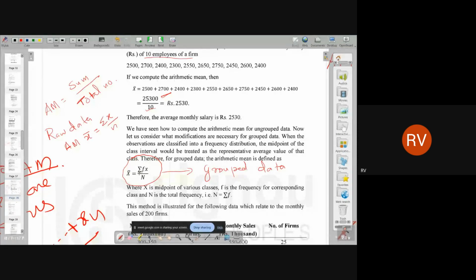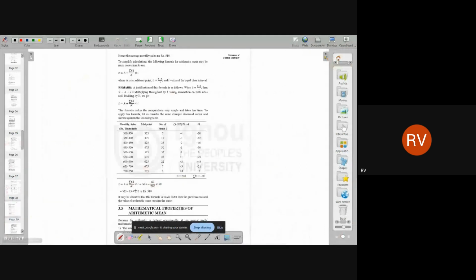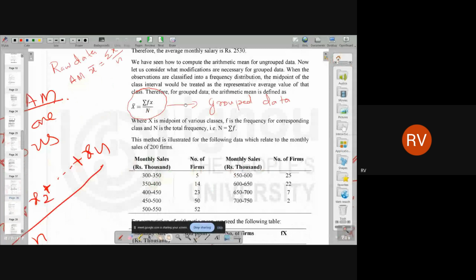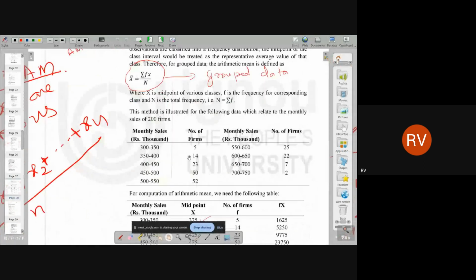For example, here there are 200 firms given, number of firms, and monthly sales.